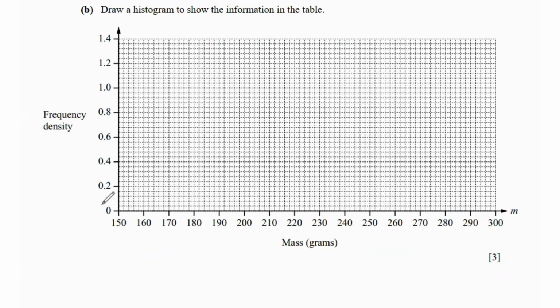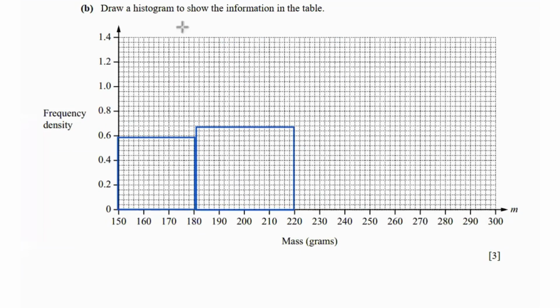So for 150 to 180, the frequency density was 0.6. This is your block for that. Then for 180 to 220, it was 0.7. So it's going to be in the middle. Then from 220 to 270, it's 1.3.